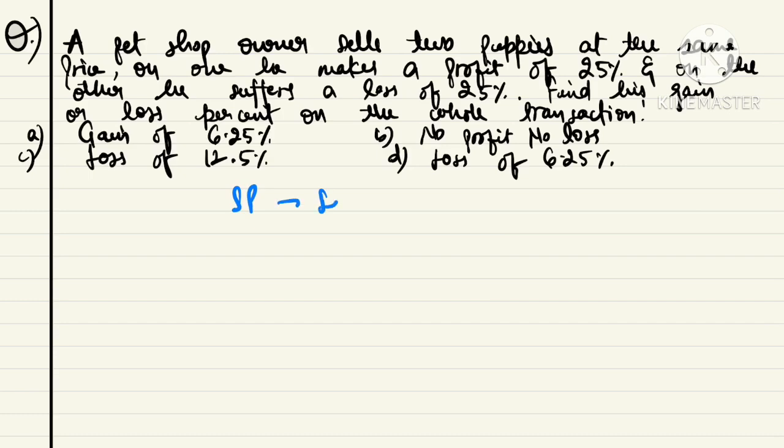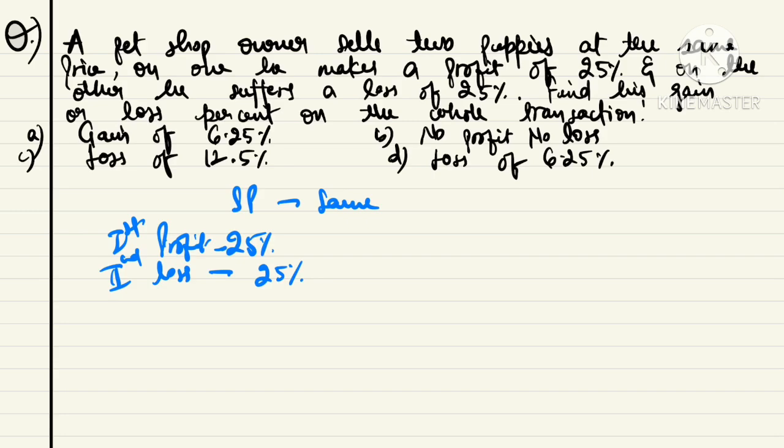On one he makes a profit of 25%, and on the other he suffers a loss of 25%. Fine. First, profit of 25%. Second, loss of 25%. Now we have to find the gain or loss percent on the whole transaction.